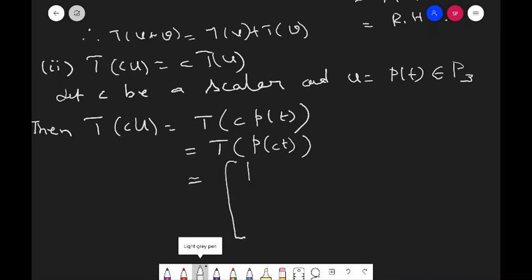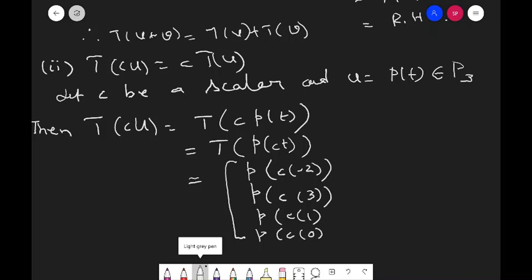So I can say p of c into t means it is equal to p of c into, in place of t, minus 2, then p of c into, in place of t, 3, and p of c into, in place of t, 1, and p of c into, in place of t, 0, which I can say this is equal to, now I can bring this c outside.